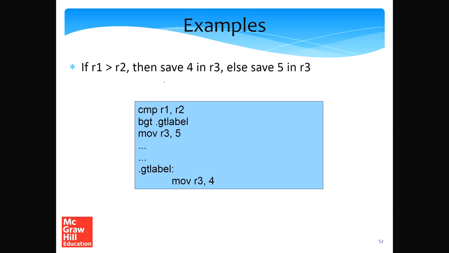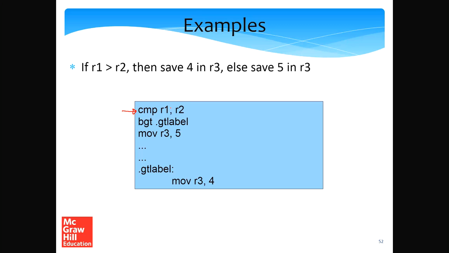Alright, so now it is time to write slightly difficult programs and realize the power of assembly language. So let's try to write this program. If R1 is greater than R2, then let's save 4 in R3, else we save 5 in R3. Well, that's easy. The first thing that we do is compare R1 and R2.